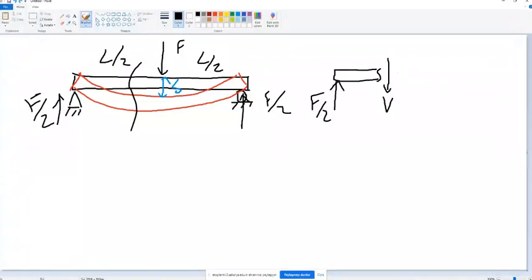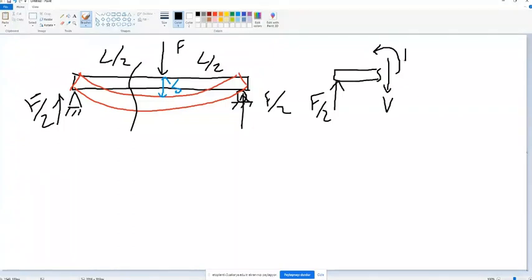We will add something to the V. What is that? There is no answer, tell me. It is moment, right? We have moment, shear force. V is shear force already.